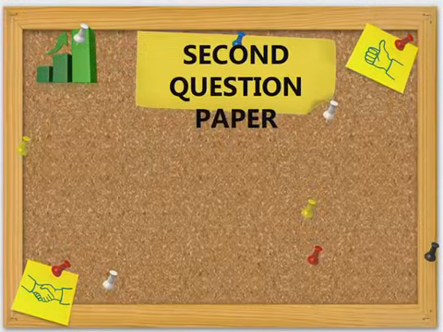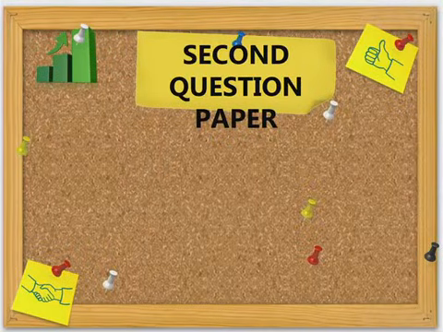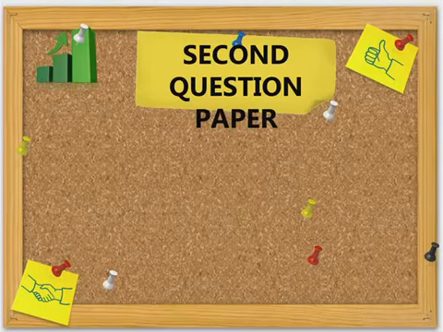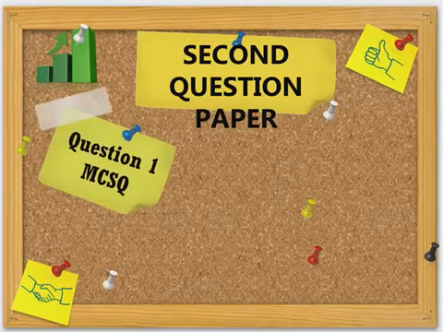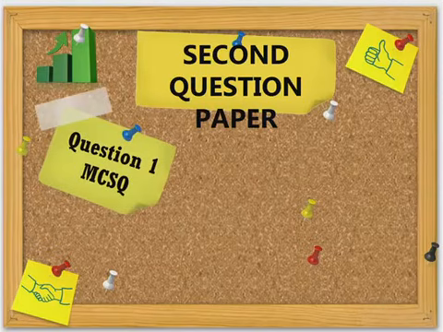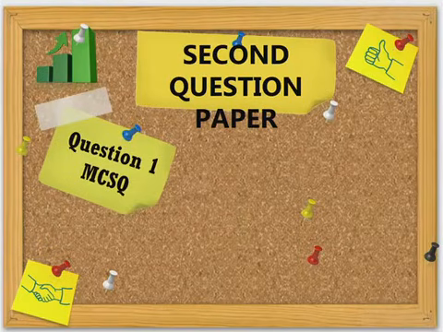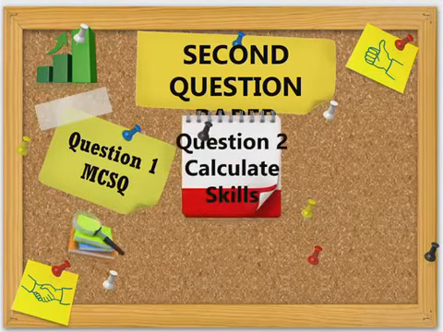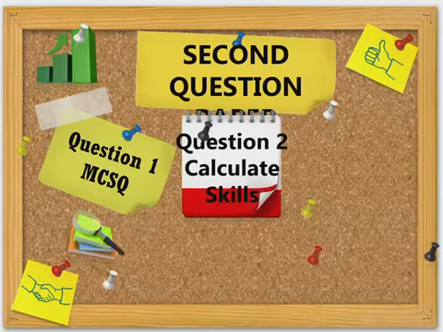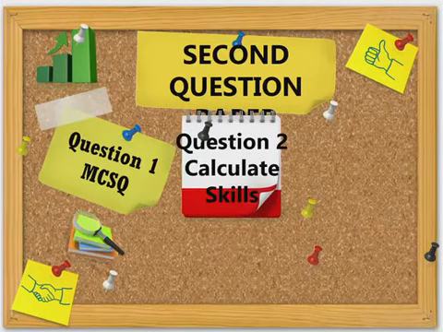The first thing I want to have a look at is, what does the second question paper look like? Firstly, you must know that the first question is multiple short questions. Please, people, you must know what the question paper looks like. The second question will deal with calculation and your Mapwork skills or techniques.